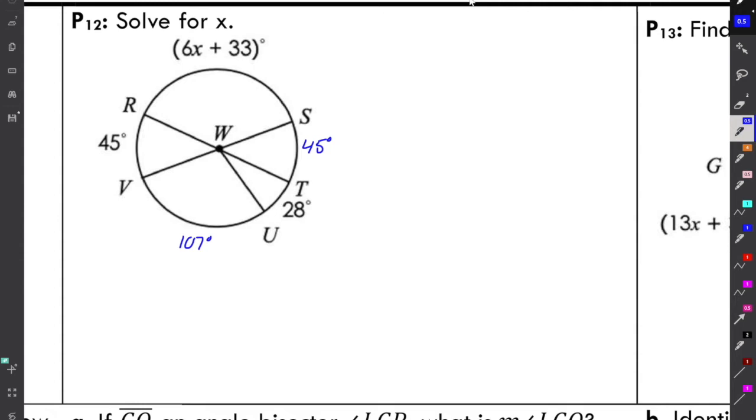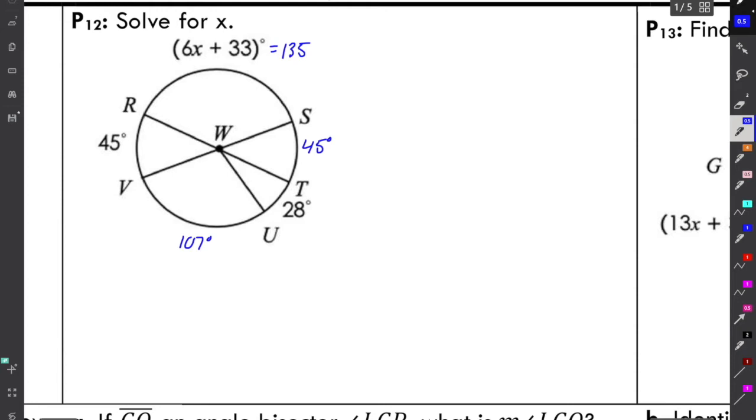If I knew this whole thing right here is 180 plus the 45, I could find that this whole thing is... no, excuse me. 180 plus 45, you get the whole thing is 225 degrees. 360 minus that 225 is 135. So that tells me that this arc RS is 135.